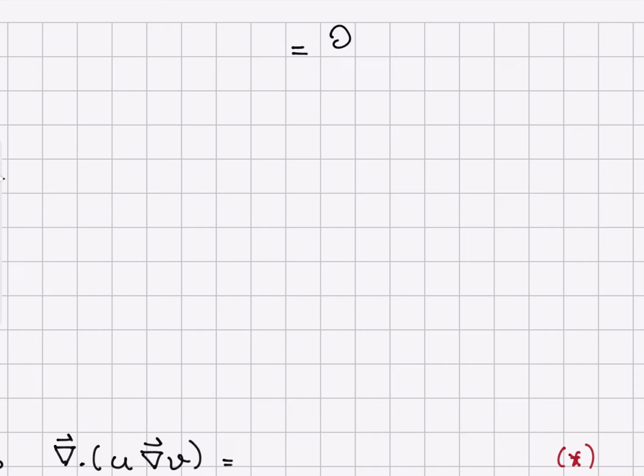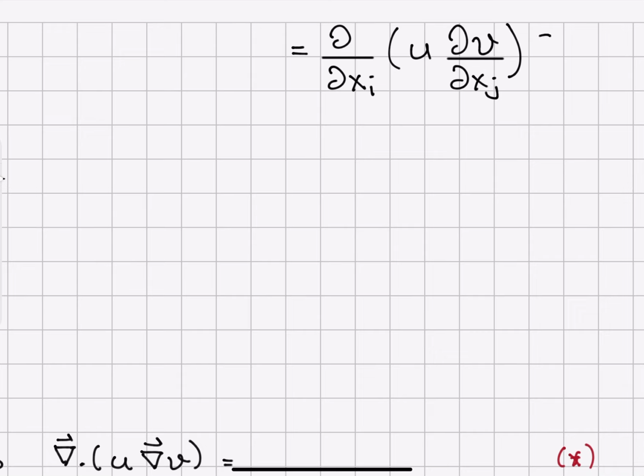So this is equal to ∂/∂xi applied to u ∂v/∂xj, and then I have Kronecker delta ij. i and j must be equal, otherwise it's 0.